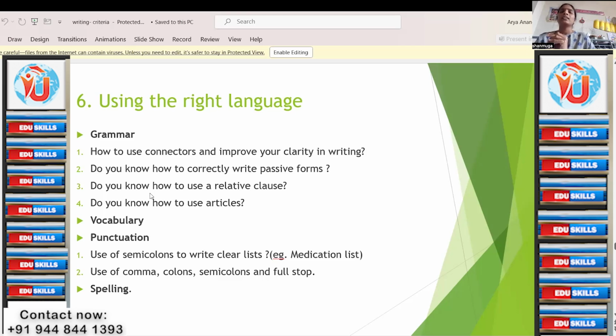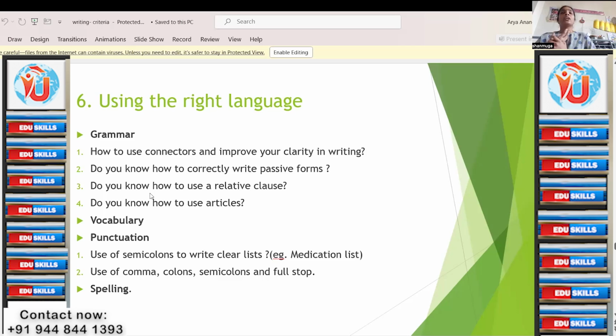And vocabulary, yes, vocabulary is really important in our OET letter. They are not asking us to use more academic words, but they are asking us to write a more formal letter. And punctuation: we use only 3 or 4 punctuation marks in our OET letter.